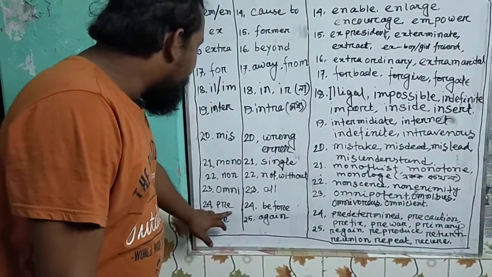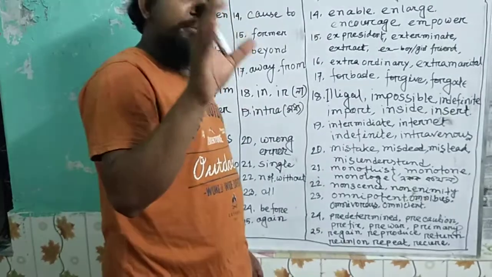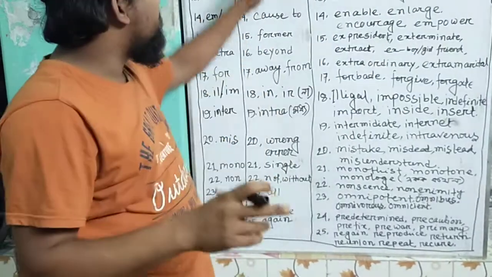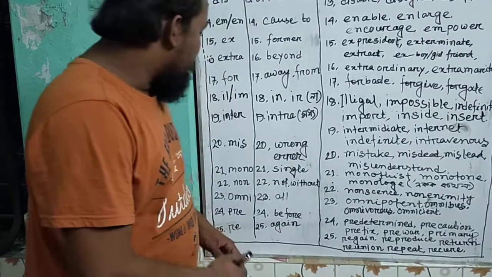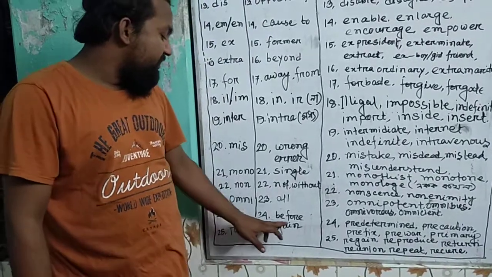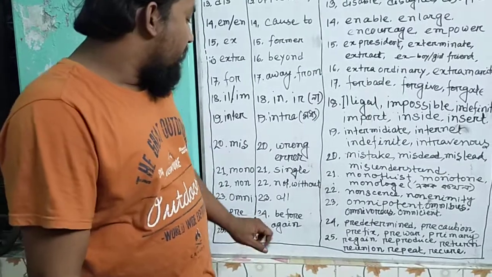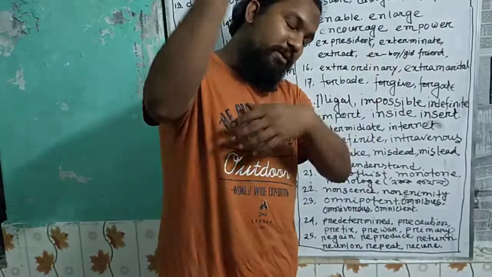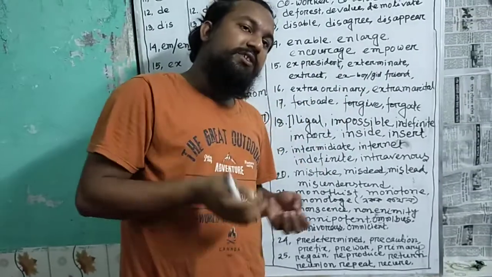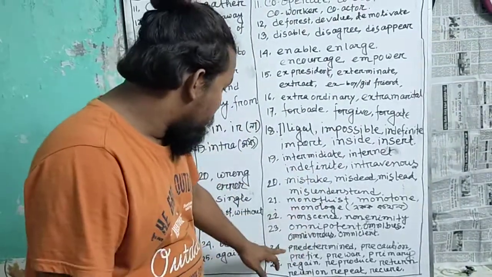Number 24, pre. You know that pre is a prefix, related to this root word, and the meaning of this pre is before, and such an example is predetermined. Here it is determined before by something or someone, predetermined.